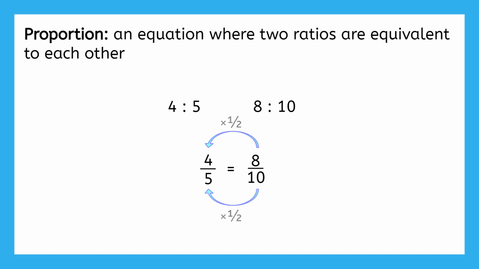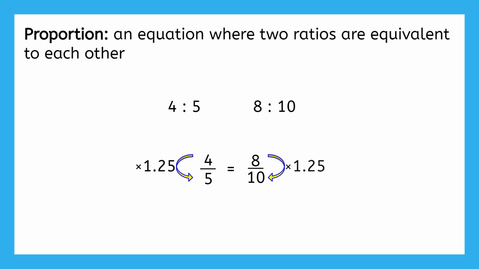There's also a multiplication pattern from top to bottom. To get from 4 to 5, we can multiply by 5/4, or 1.25. And the same is true to get from 8 to 10. Can you guess what the final pattern is, or at least which direction we'd be going? Going from bottom to top is the final option.